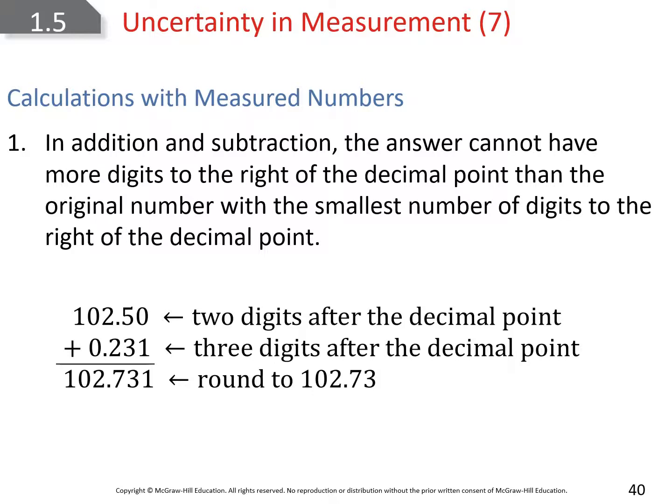So we still add them just like we would add any other numbers, putting it into your calculator. But then, if this is our final answer here, we actually have to round it so that there's only 2 significant digits after the decimal, because this number here, the 102.50, limited us because it only has 2 significant digits after the decimal.